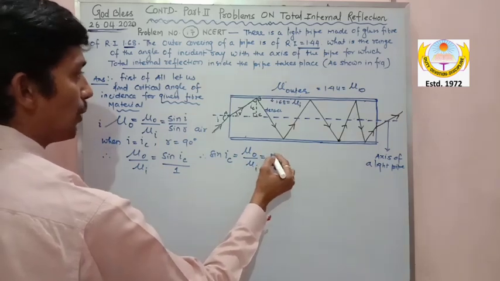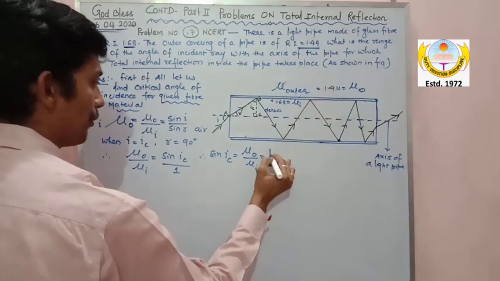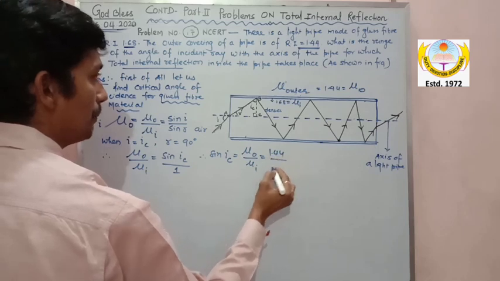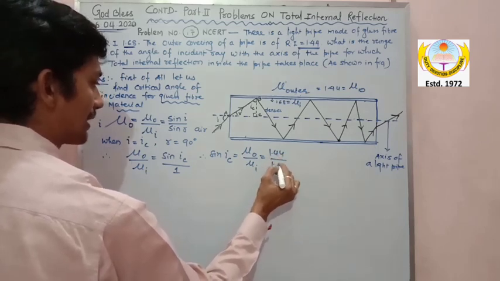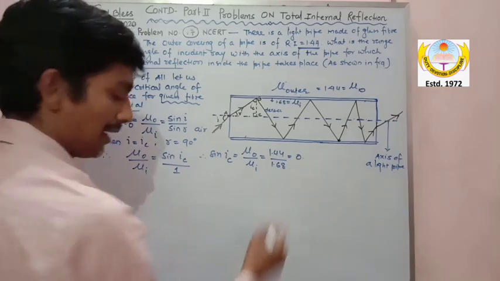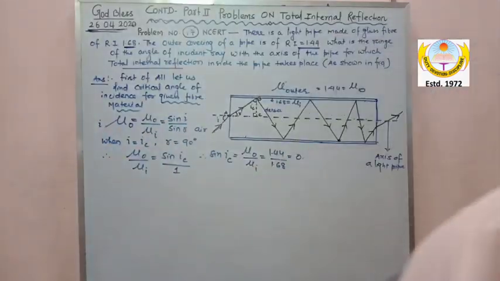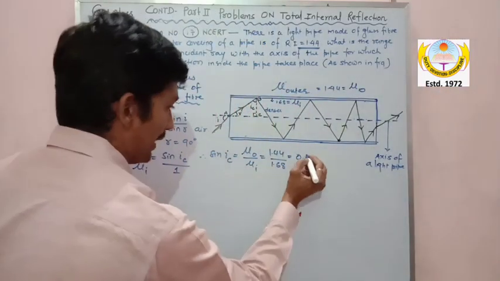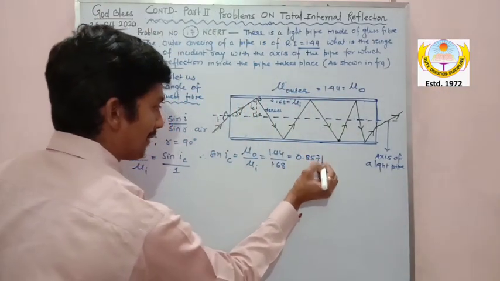and mu O is 1.44, mu I is 1.68. Let me check the answer. The answer is coming as 0.8571.